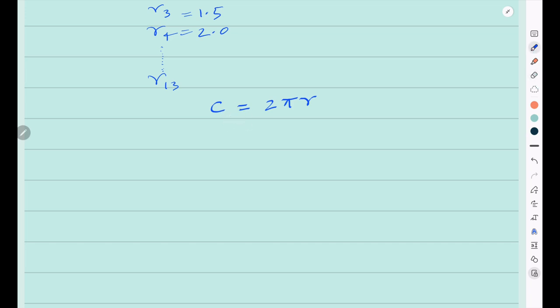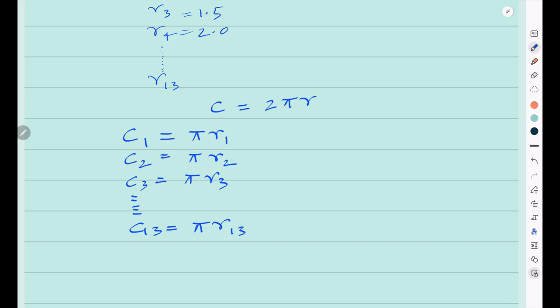So let us say that for the first semicircle it will be pi r1, isn't it? Because it is half. And then for the second semicircle, how much will it be? Pi r2, and then C3 is pi r3, and so on, for C13 it will be pi r13.